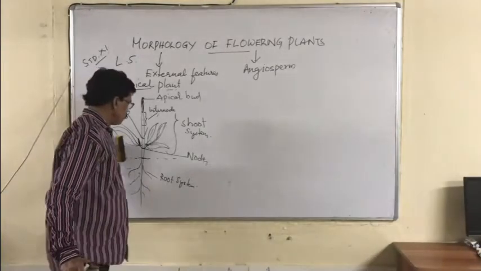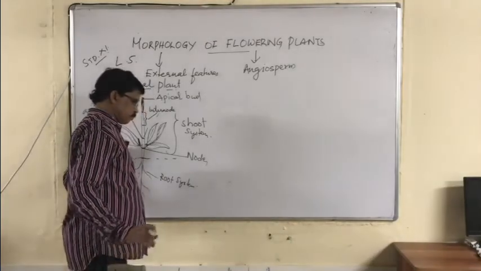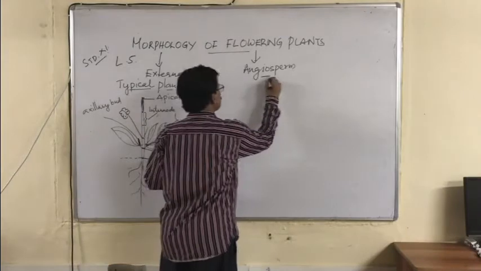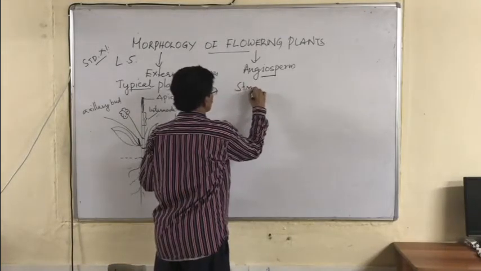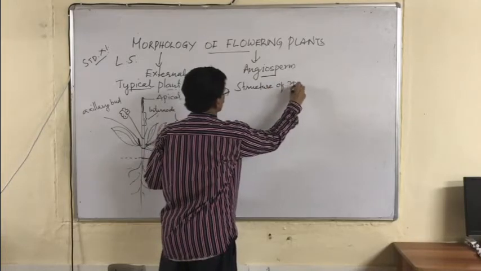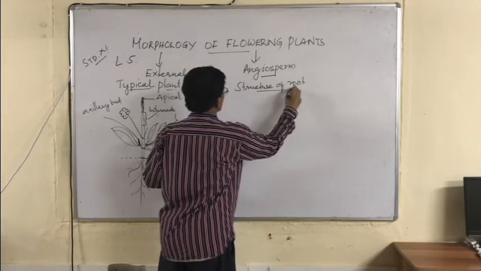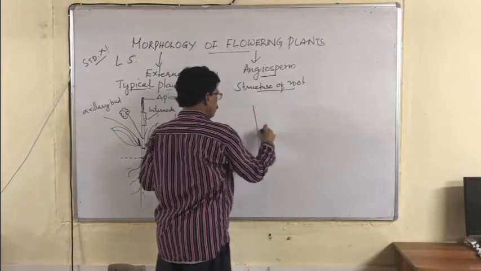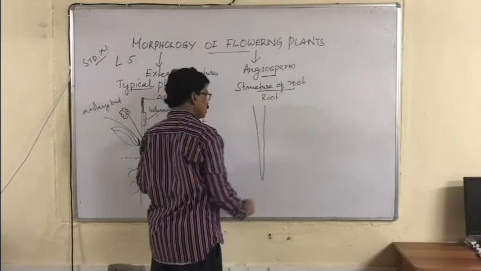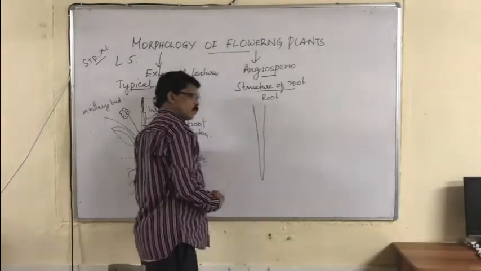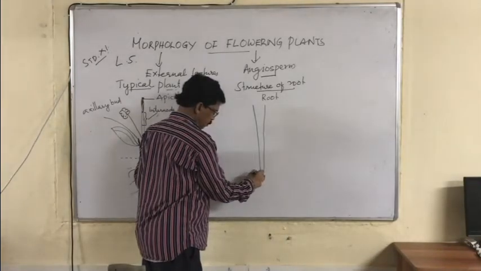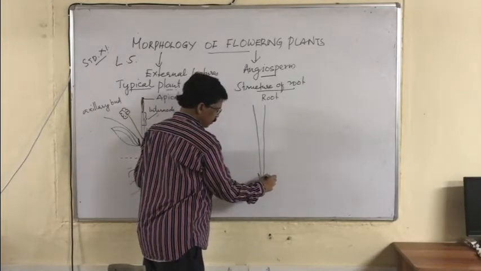Now we are coming to the structure of a typical root. Suppose this is the root. The root has mainly four parts. The first part of the root is the root cap.